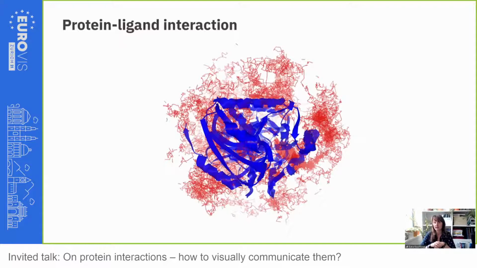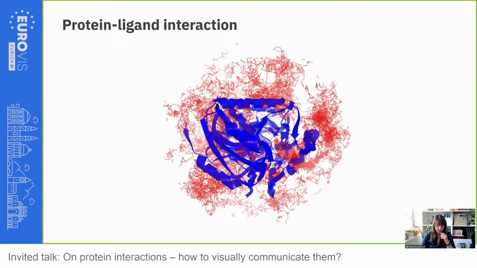You basically have a lot of trajectories floating around the protein and also in the inner space. And it's worth exploring and understanding which of these trajectories, and which parts of them, are actually interesting and important for the biochemist, because in this representation, it's probably not very meaningful to observe anything.